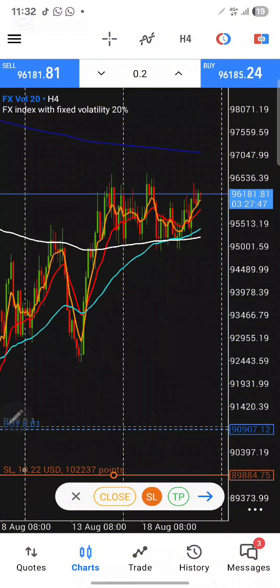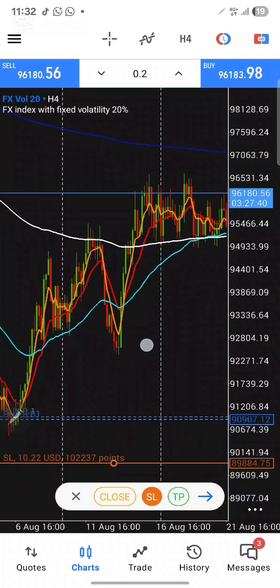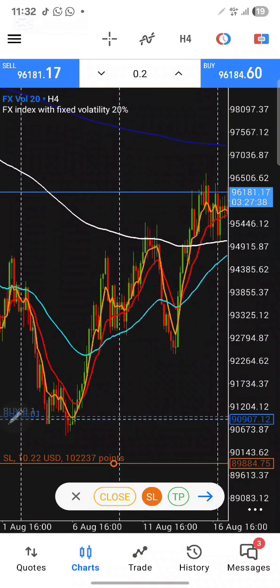So that $10 here means that if the market is going to go opposite your direction, since this is a buy position, if the market was to go down, since we bought the market, if it got to this point, we would have lost about $10, and I wouldn't still want to be in that trade because it means that it's a wrong analysis.